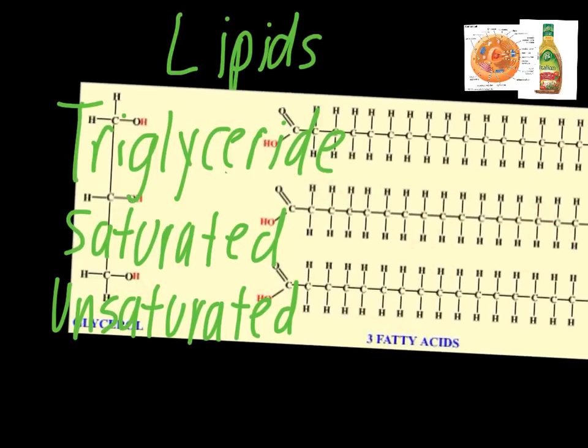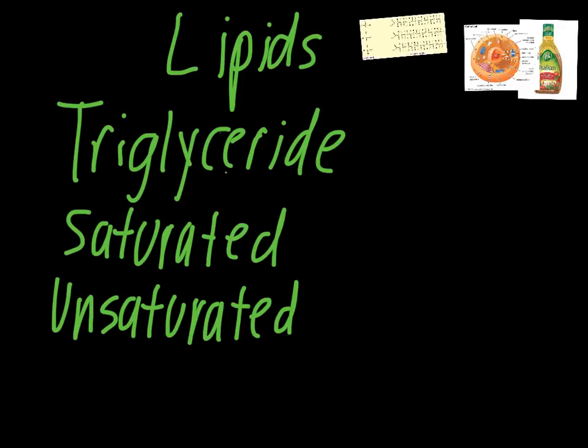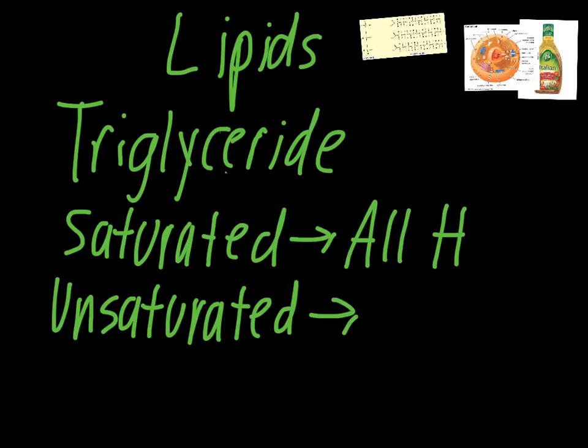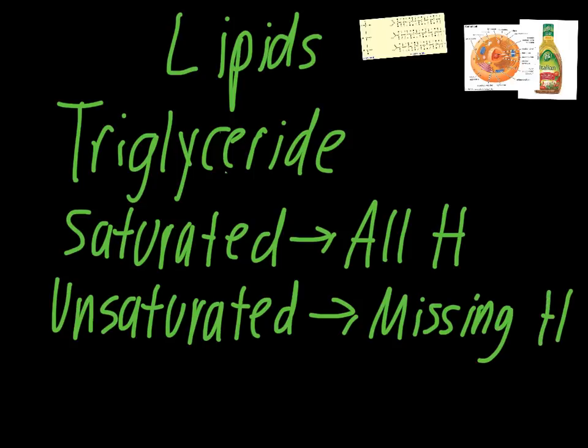A saturated group is going to have all of its hydrogens full. Whereas an unsaturated group is going to be missing some hydrogens, so it can actually take on more hydrogen. Generally, saturated fats come from animal products, like fat from beef, whereas unsaturated fats generally come from plant products like olive oil and things of that nature.